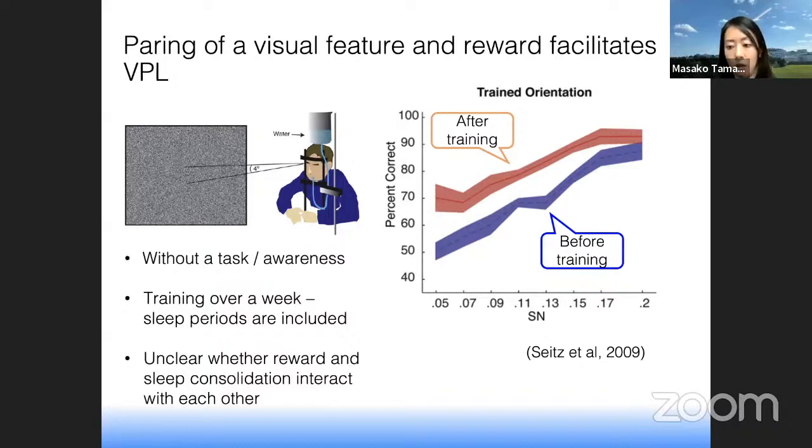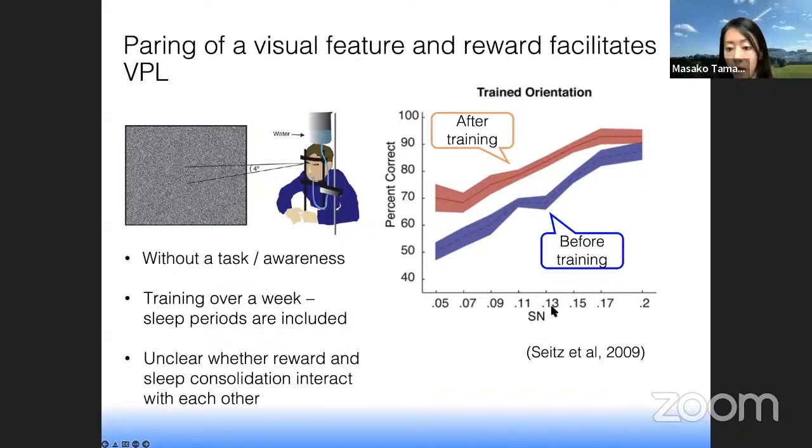There were two orientations, and only one of the two orientations was paired with a water reward, and there was no water reward given to the other orientation. Subjects were deprived of eating or drinking 5 hours prior to the training, so this procedure made the water reward effective.